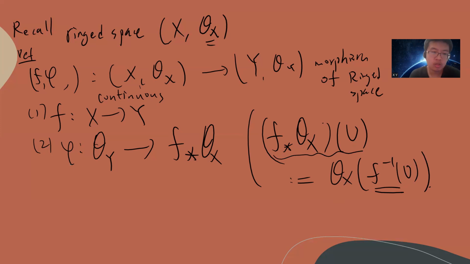So this phi is the sheaf morphism. If you have these two, then this is called a morphism of ringed spaces.